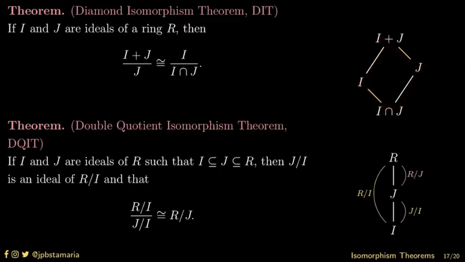Ito naman, tungkol sa dalawang quotient rings ng R. May ideals ka ng R, J, tsaka I, kung saan si I nasa loob ng J. So therefore, mas maliit si I, mas marami siyang cosets kaysa doon kay J. Kasi mas malaki yung ideal mo, mas kaunti yung coset.